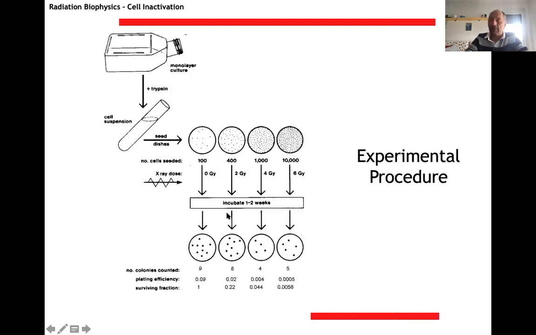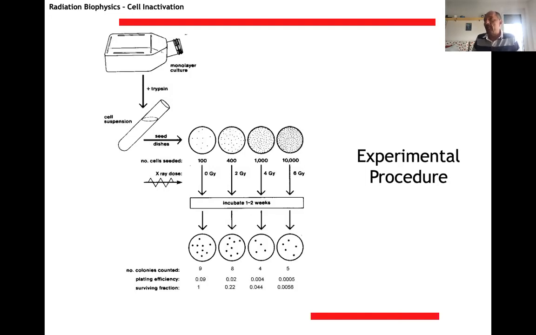You see here, for example, you plated 400, you find 8 colonies. So the plating efficiency is 0.02, but the survival now is 0.22. And 0.22 comes from 0.02 divided by 0.09. So to have the survival, you always must have a control, and your control gives you the plating efficiency.